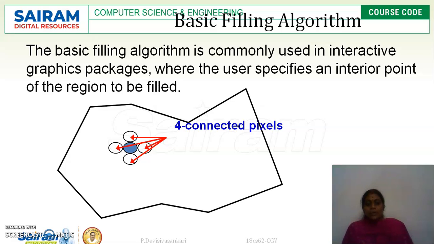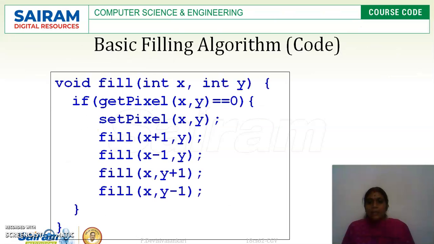In OpenGL, which you already know is an API, a graphics package, the user specifies the interior part of the region which is to be filled. This is the basic concept of the filling algorithm. And here is the code for the basic filling algorithm.